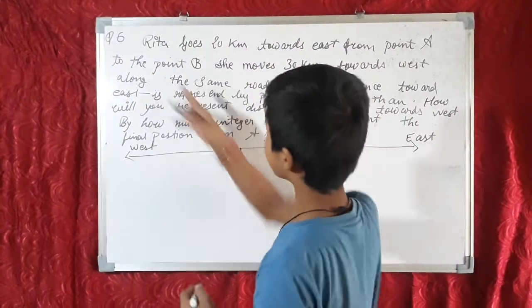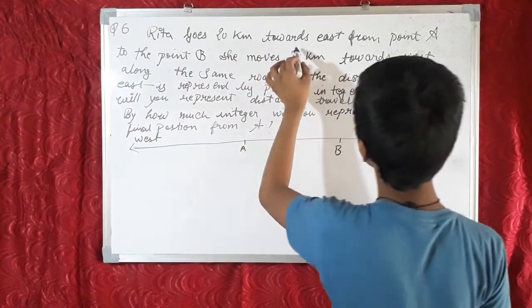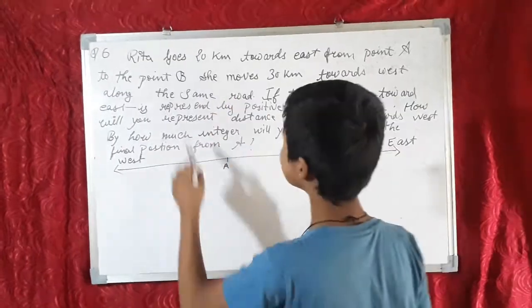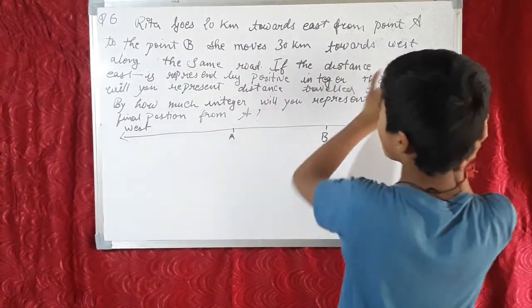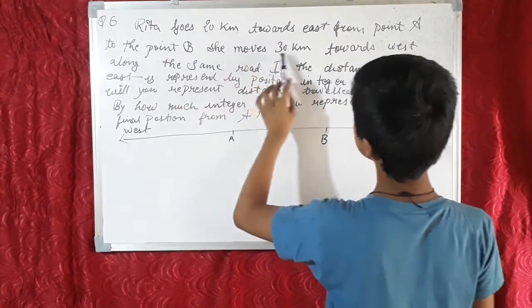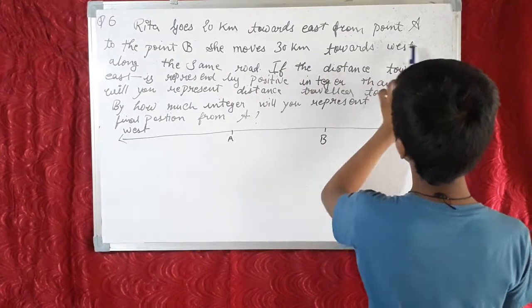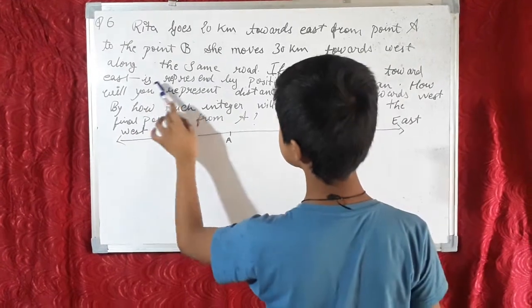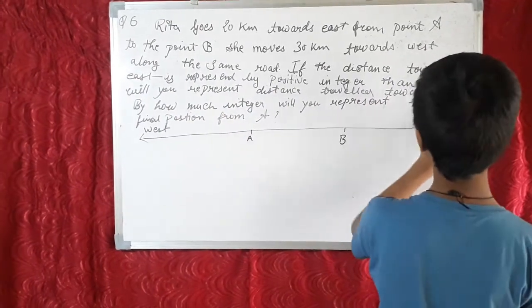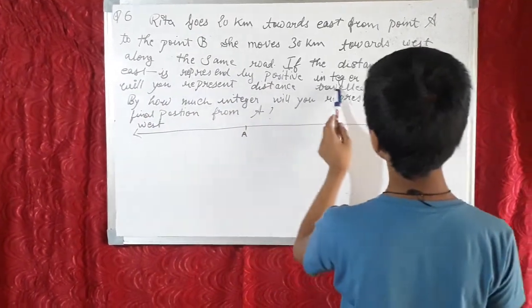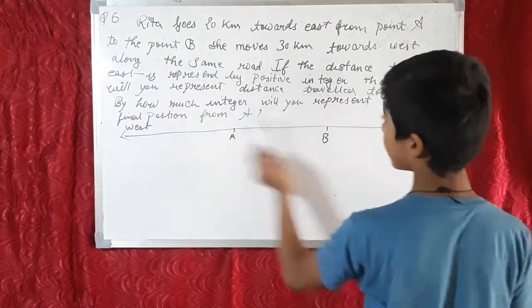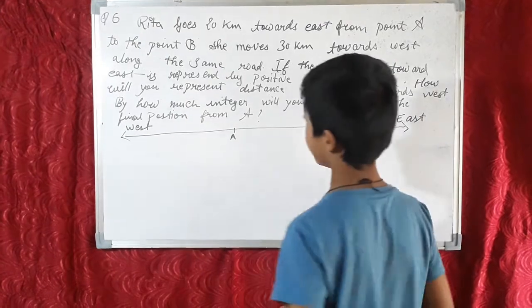Friends, our sixth question is, Rita goes 20 km towards east from point A to point B. She moves 30 km towards west along the same road. If the distance towards east is represented by a positive integer, then how will you represent the distance traveled towards west? By what integer will you represent the final position from A?